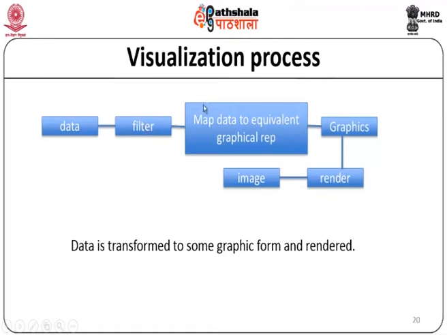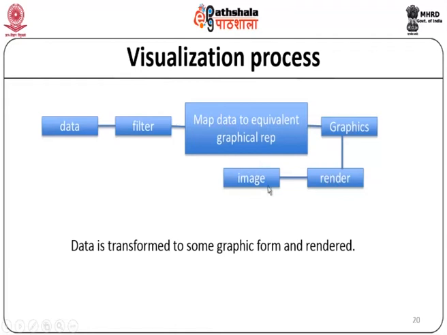Then there must be a mapping mechanism between the data and the equivalent graphical representation. This process will take the filtered relevant information, map it to a relevant graphical representation, and finally graphics will be generated. When this graphics is rendered, finally we are going to get an image.